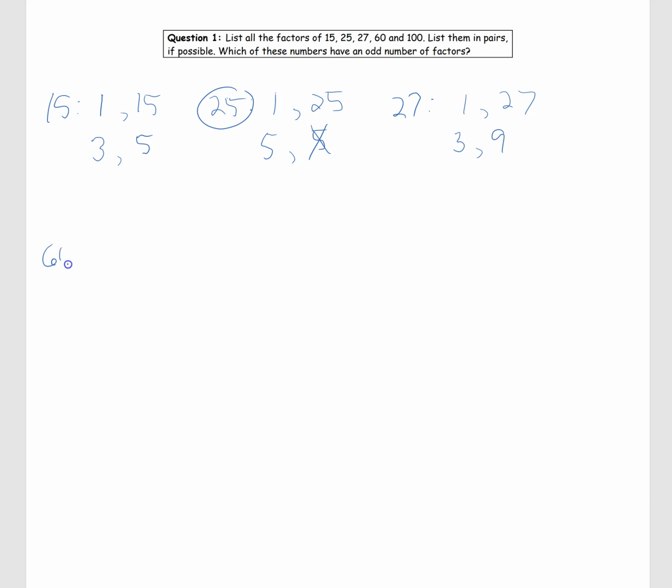Alright, if we look at 60, we have 1 and 60. 2 does go into 60 because it's an even number, and 2 goes in 30 times. 3 also goes into 60, 20 times. 60 is actually divisible by 4 as well. 4 times 15 is 60. 5 also goes into 60, 12 times. 6 goes in as well, 10 times.